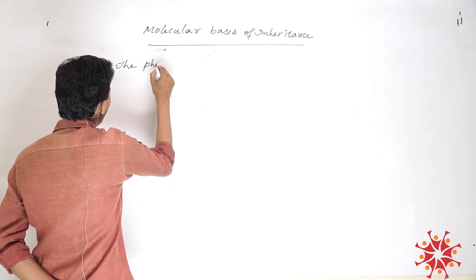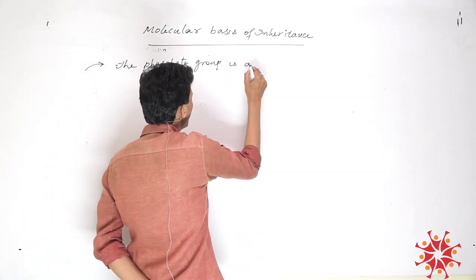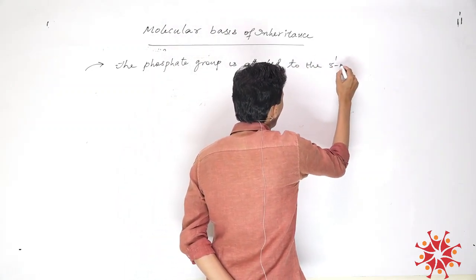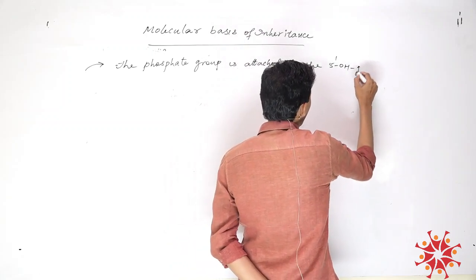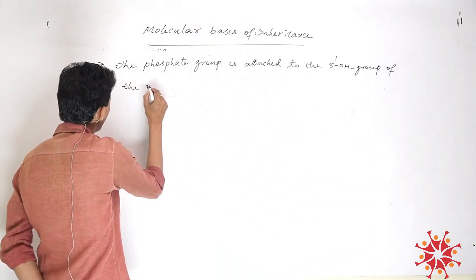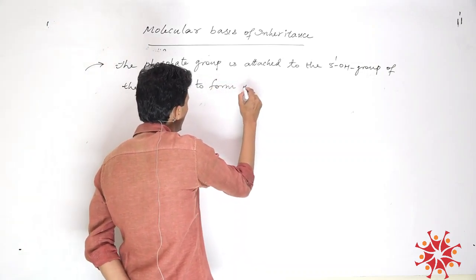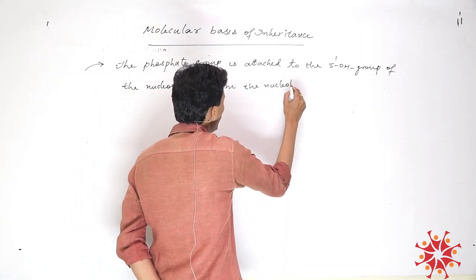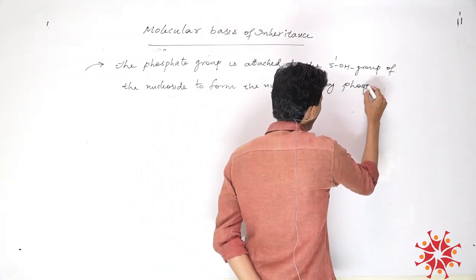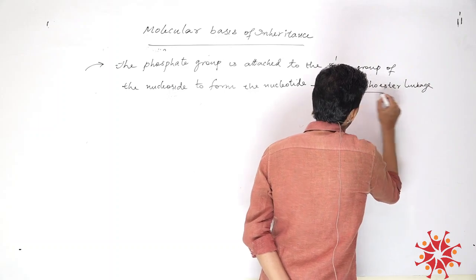Now the phosphate group is attached to the fifth hydroxyl group of the nucleoside to form the nucleotide by phosphoester linkage or phosphoester bond, right?